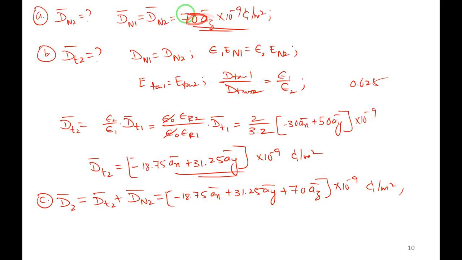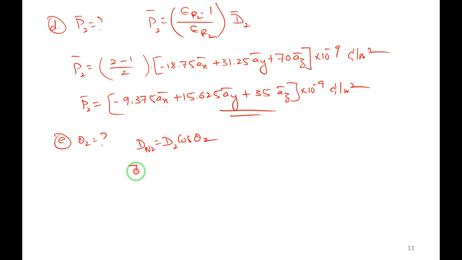Dn2 vector I have, take the magnitude: 70 into 10 power minus 9. This is the magnitude.